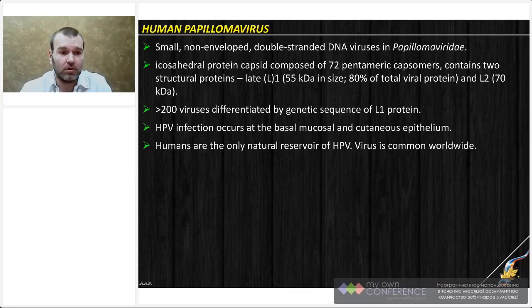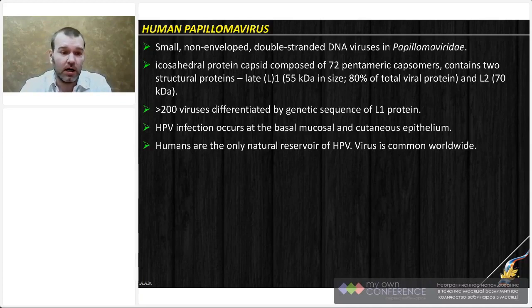And actually, you all know that papillomaviral infection is usually known as just papilloma, and all infections are limited to the basal mucosal or cutaneous epithelium of human tissues. Till nowadays, human is the only natural reservoir of human papillomavirus, and it is the most common virus worldwide.